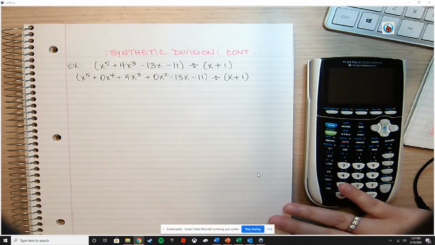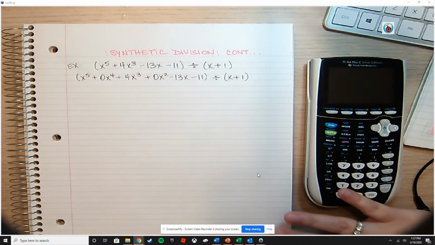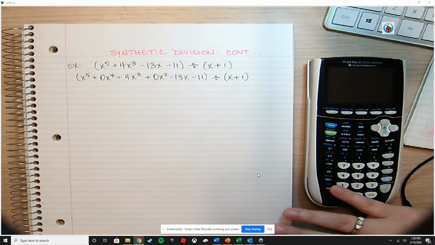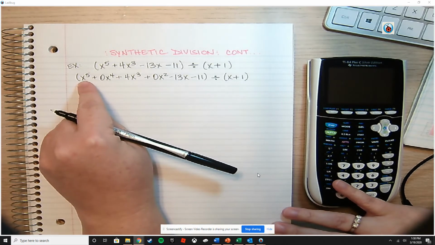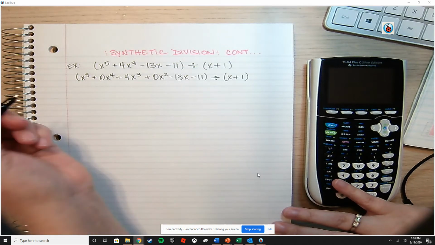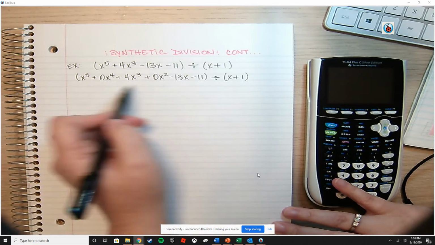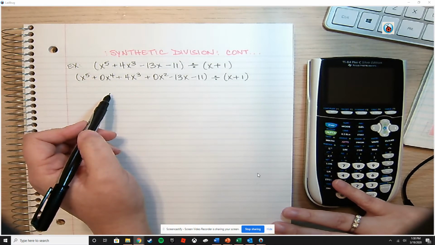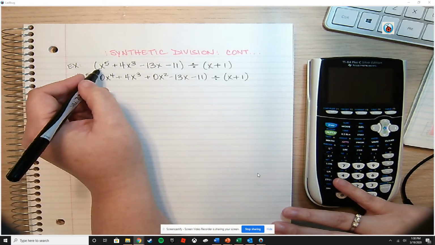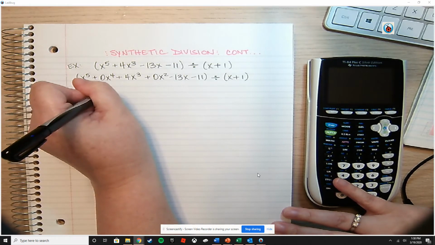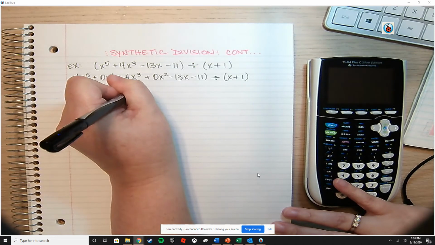Because when I set up my problem to use the technique of synthetic division, I have to have a placeholder for every variable term in descending order. So if I don't do this step or account for it when I set up my problem, my answer is going to be wrong.